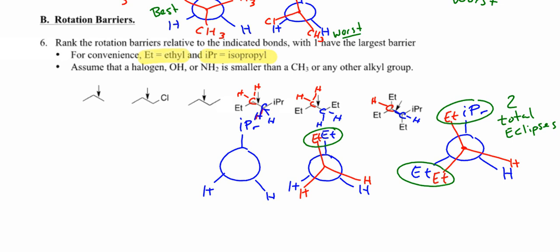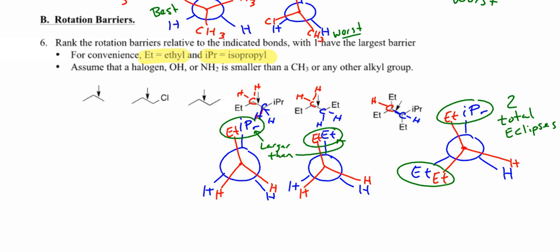Okay, again, we're going to make it as bad as possible, so giving it the most strain. By making it the worst possible, the difference between its best staggered and its worst eclipse will be the largest rotation barrier. So here I have another total eclipse, but this is different. This is larger than that Et, right?